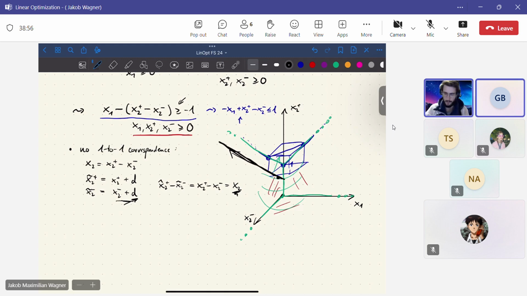To go back, we subtract x2 plus and x2 minus, and then all of those map to the original point in the original feasible set.